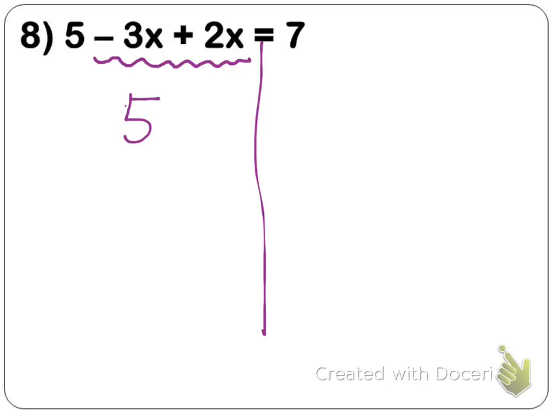So I have this 5 in the front, right? Then I have a minus 1x. Then I have the equals 7. Alright, this is one of those where even though there's no sign in front of it, it's kind of like a plus 5. So what do I want to do?